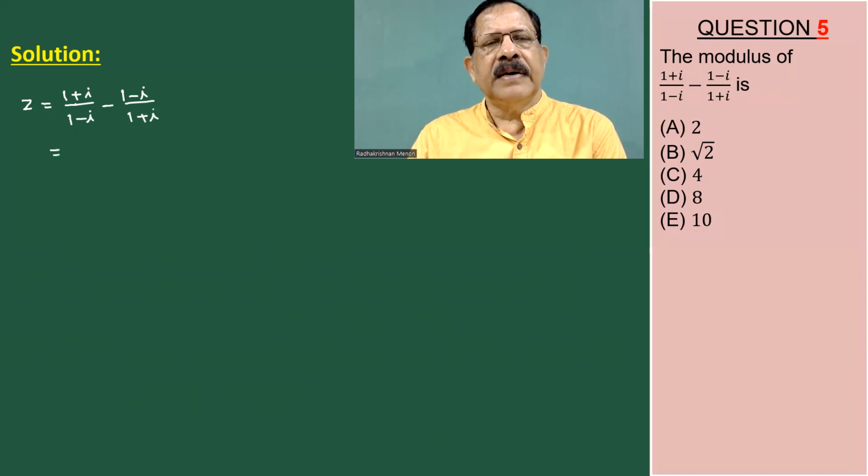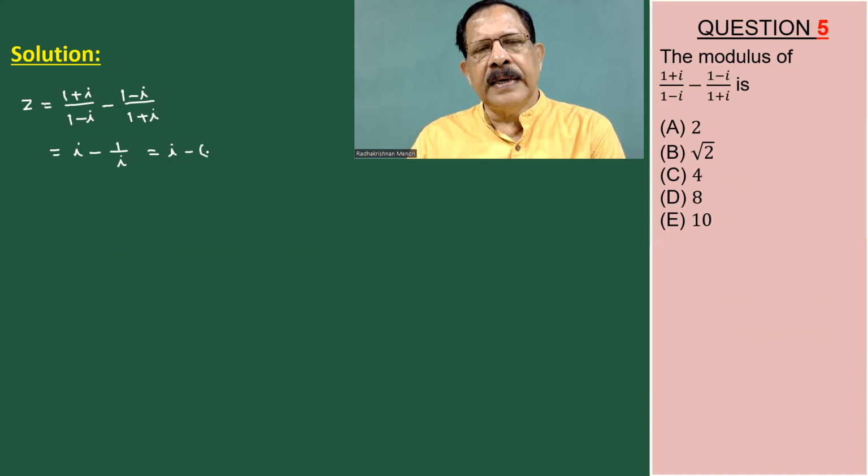Now, (1 plus i) by (1 minus i) is i, and (1 minus i) by (1 plus i) is 1 by i. So it is equal to i minus 1 by i, which is minus i. So it is equal to 2i.